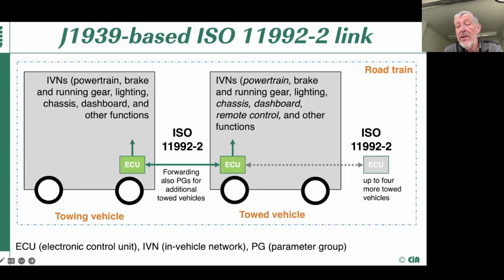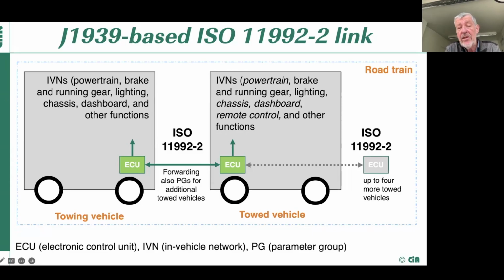And we can have up to 4 more towed vehicles, so that we have in total 4 segments. Then we can request, for example, braking behavior. We can switch lights on and off. We can have a lot of things between these vehicles.